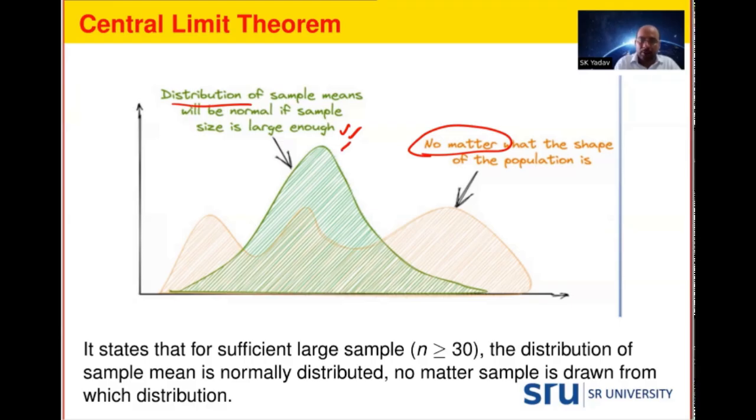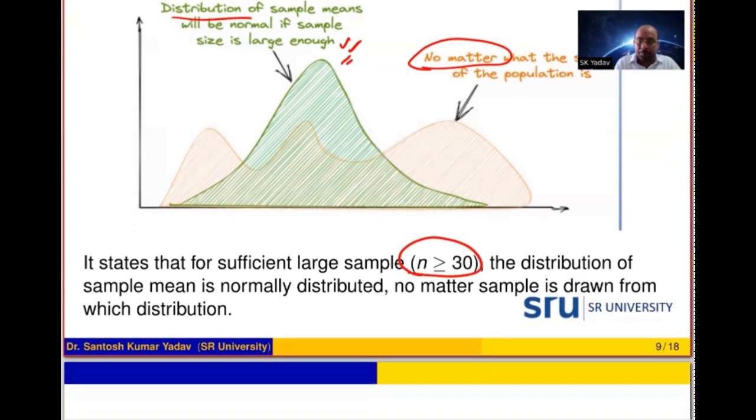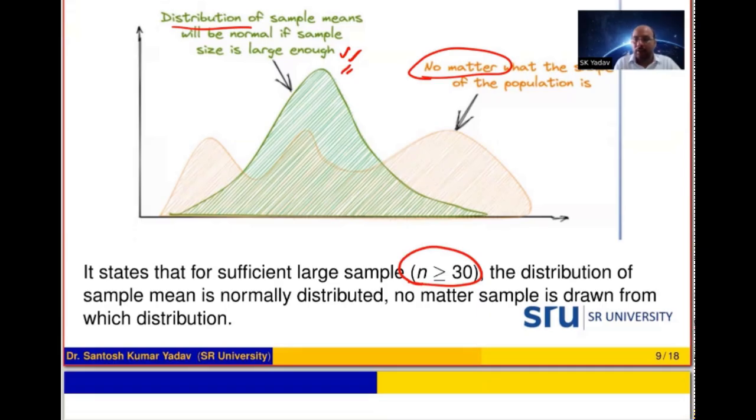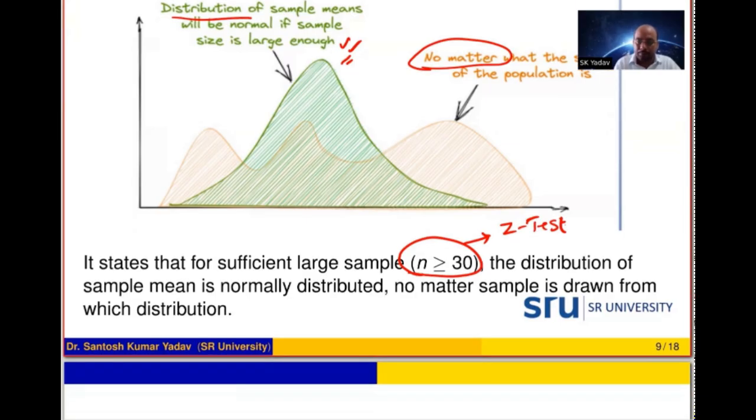It will automatically be taken as a normal distribution, and large sample means n is greater than or equal to 30. This will also be used when you use testing of hypothesis for large sample and for small sample. So for large sample we have the Z test, which is very similar to what we are doing in the central limit theorem.